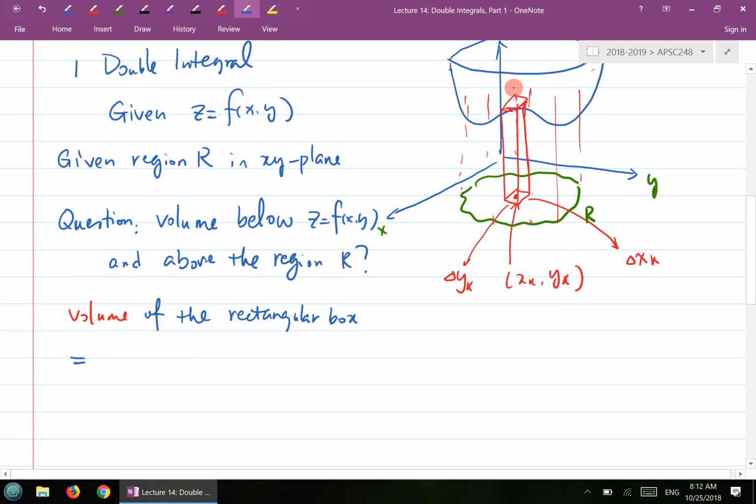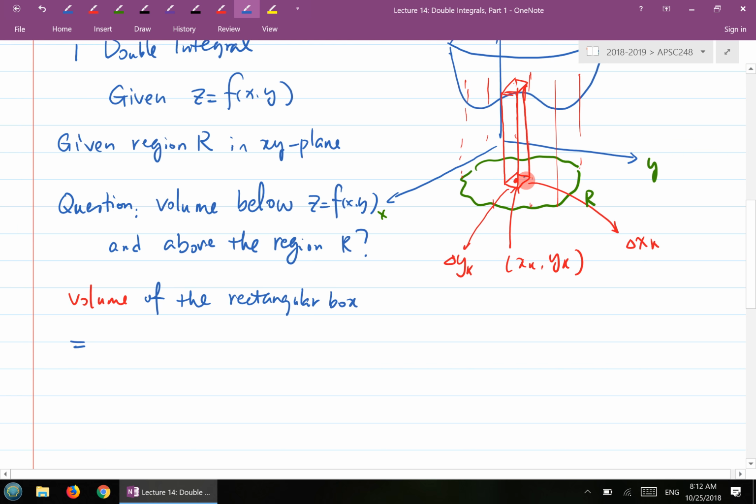Technically it's not a perfect rectangular box. But if the area you picked is very small, then the top is also very small, so you can approximate the whole thing as a rectangular box. The volume of a rectangular box is the base area times the height, and the base area is delta x k times delta y k.